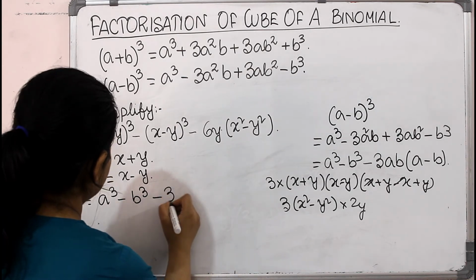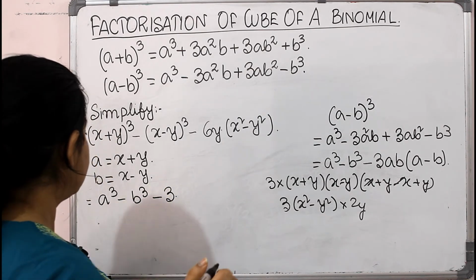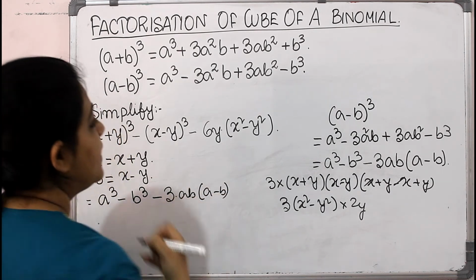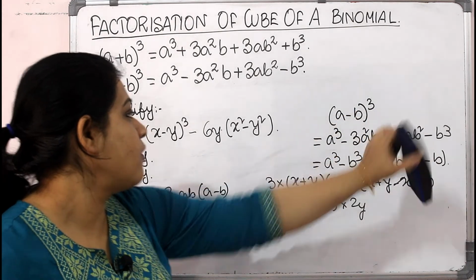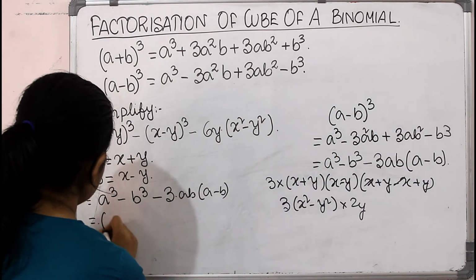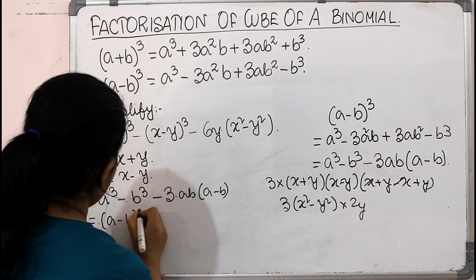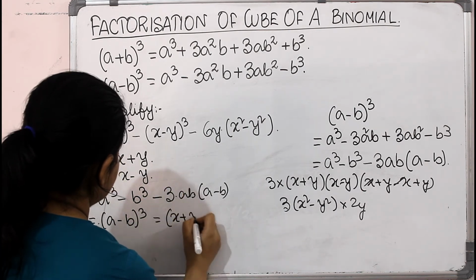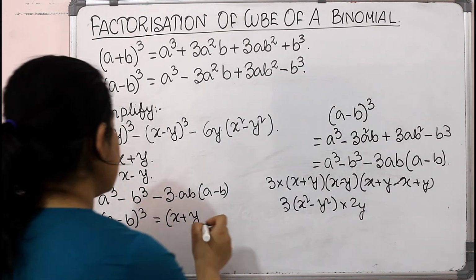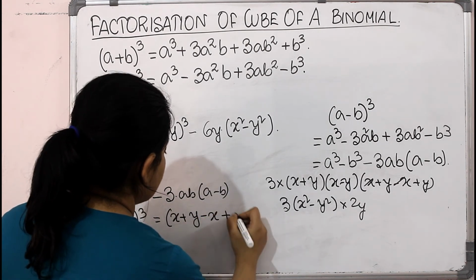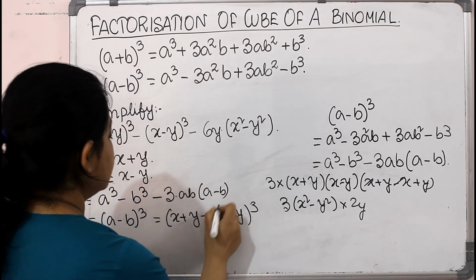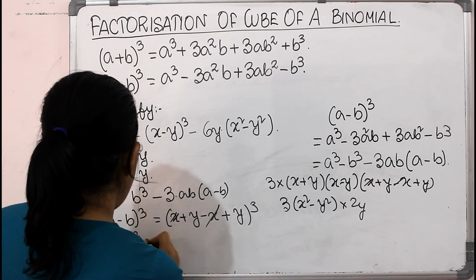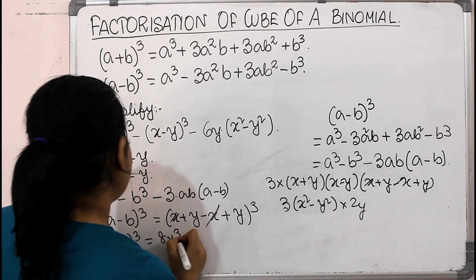So this can be written as minus 3ab into a minus b. So it is taking the shape of this a minus b whole cube. Now what is a? a equal to x plus y and b is x minus y, whole cube. This gets cancelled. So twice y whole cube, and 8y cube is the final answer.